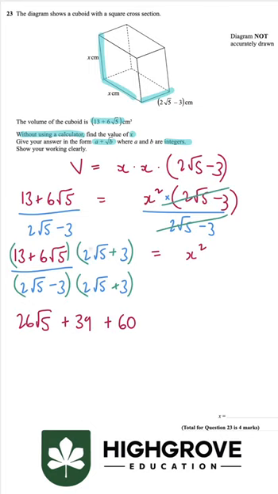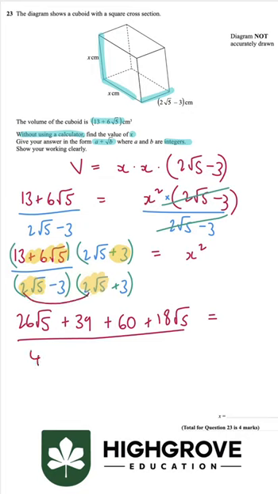Next, we have to multiply 6 root 5 by 3. 6 times 3 is 18, and then we've got the root 5. And then on the denominator, I'm going to have 2 root 5 multiplied by itself. So 2 multiplied by itself, that's 4. Root 5 multiplied by itself is 5. 4 times 5, that's 20.